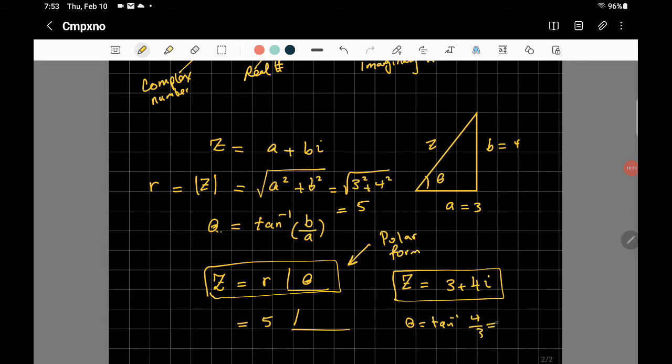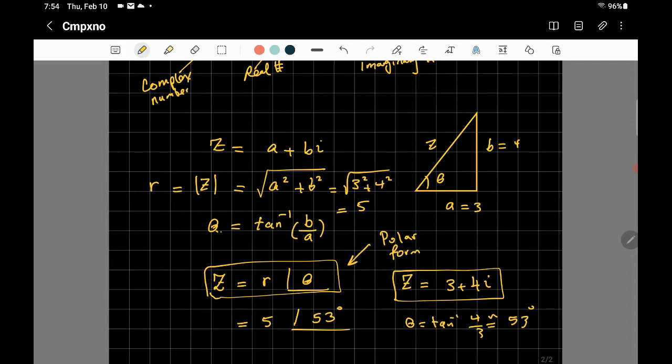That would be equal to 53.13, just let's round the number. So 53 degrees. So that's how you represent the complex number in polar form.